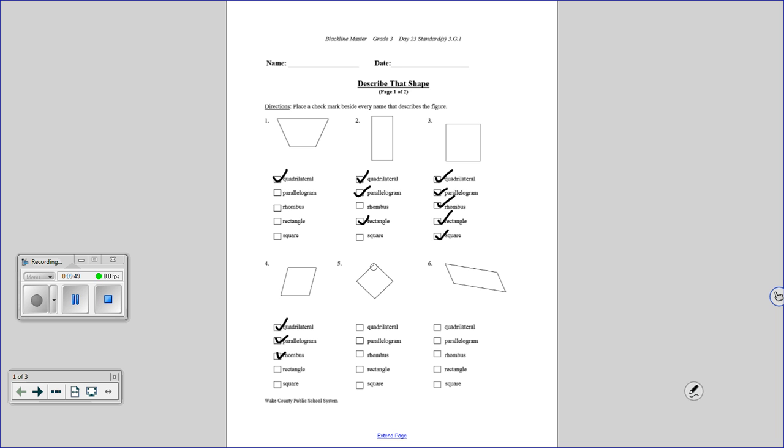Look at number 5. Don't y'all make up a shape on me. Bailey? Quadrilateral. I can definitely call that a quadrilateral. What else could I call that shape? Lindley? Parallelogram. Definitely a parallelogram. Two sets of parallel sides. Aiden?